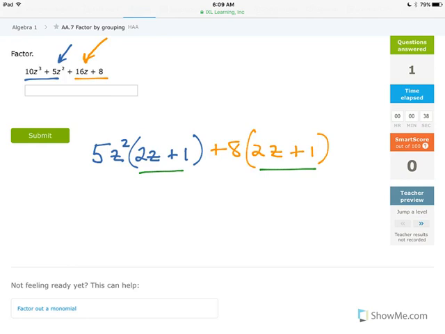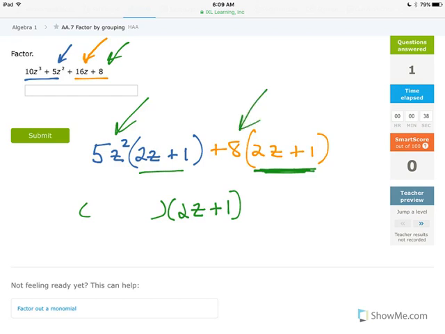So I always just kind of put in the group that I need to be left behind, and then I just check it. So 8 times 2z is your 16z, and 8 times the 1 is the 8. So this looks like it's working out okay. So one of the factors is what's in parentheses, the 2z plus 1. And then the other parentheses is made up out of these 2 factors that were factored off.